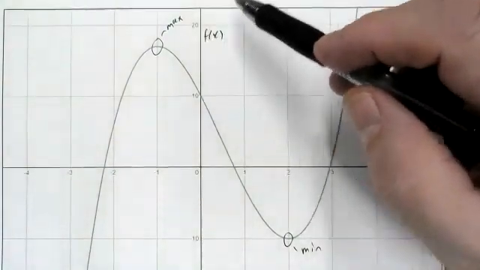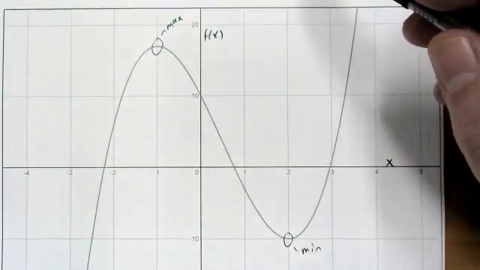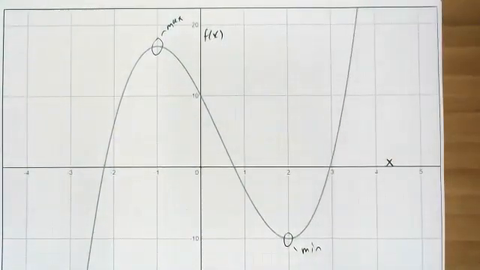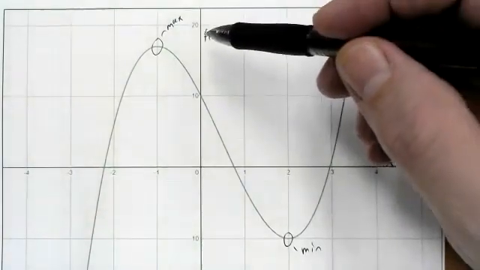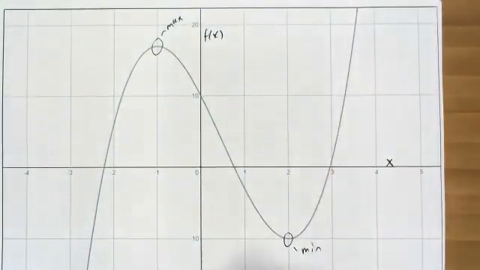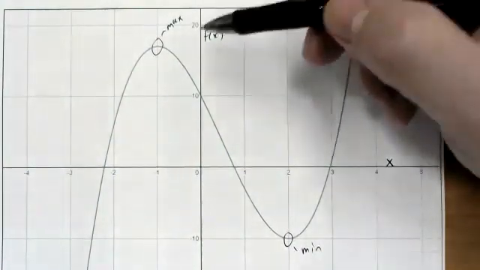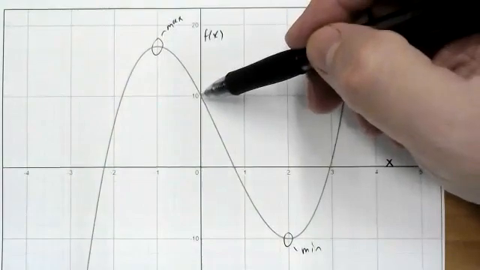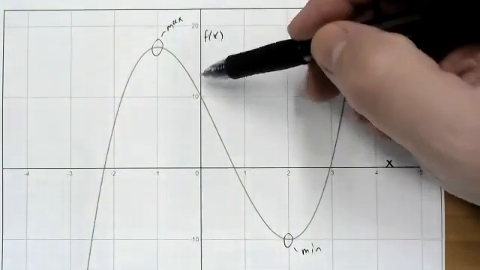And it looks like sometimes when you have graphs, you can't always tell exactly what the values of x are or what the values of the function are. But this one, I think I can make a pretty good guess. It's pretty clear. Maximum at x equals -1. And what's the value of the function at that maximum? Well, 10 to 20 here.